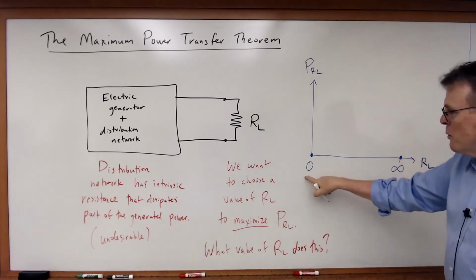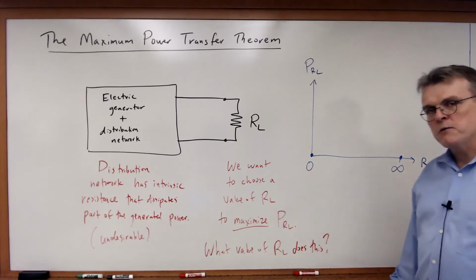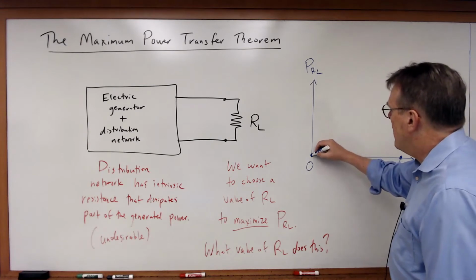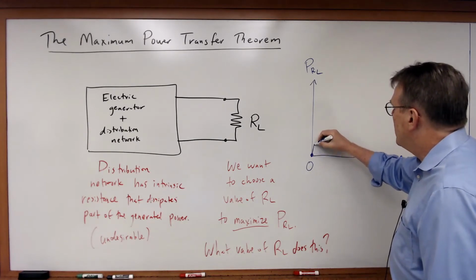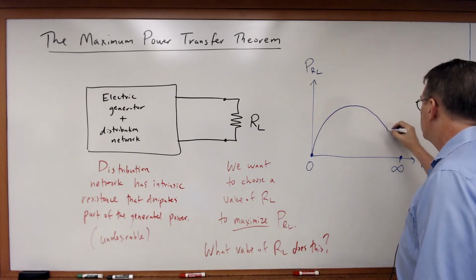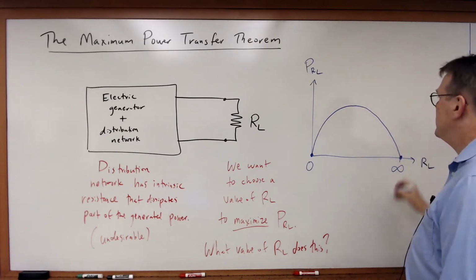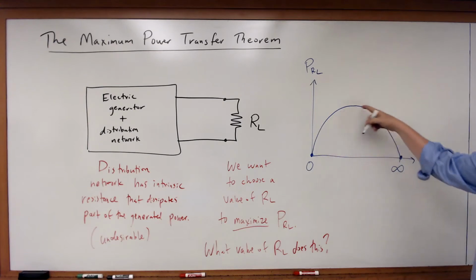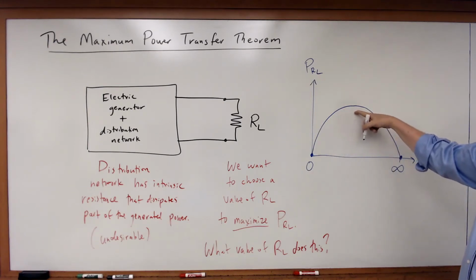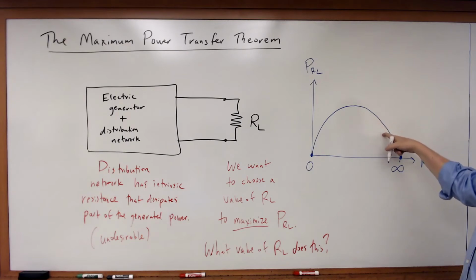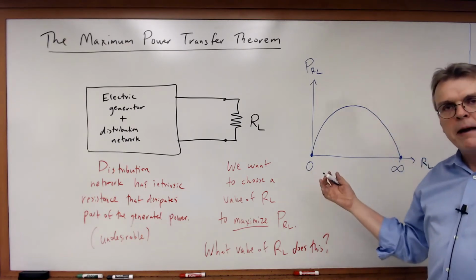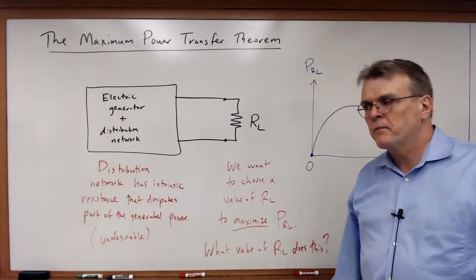So at the short circuit and open circuit values for the load resistance, clearly the power is 0. If I were to look at a non-zero value that is less than infinity, then I'll see this kind of function. I will see an increase in power from 0, and as I make the resistor larger and larger, it will roll off until finally when I get to an open circuit, my power goes back to 0 again.